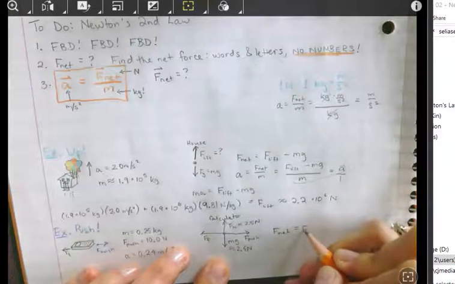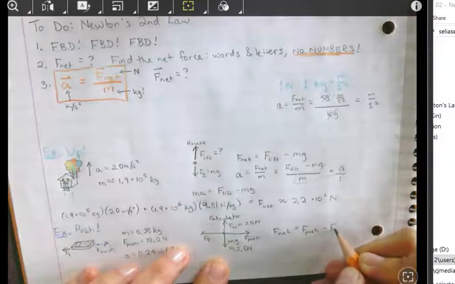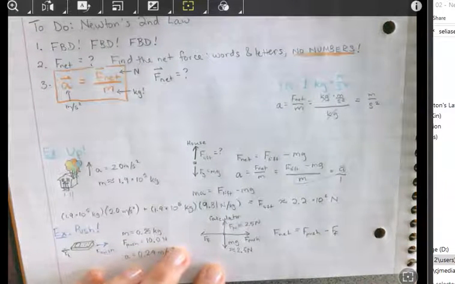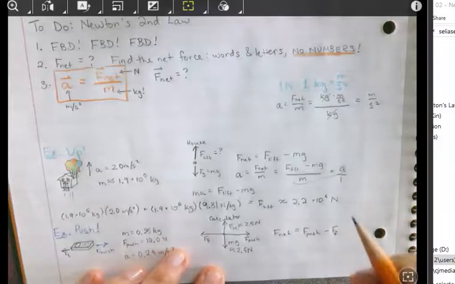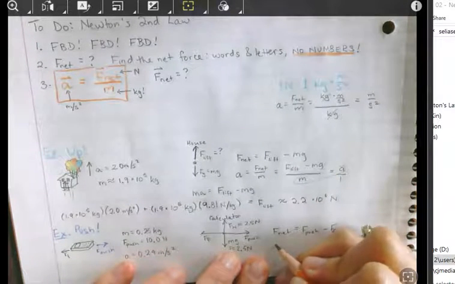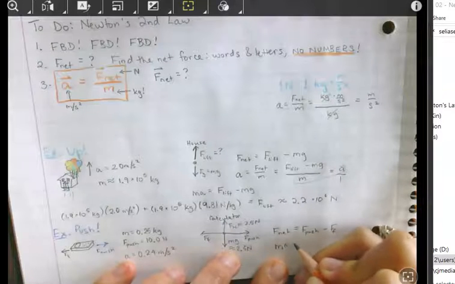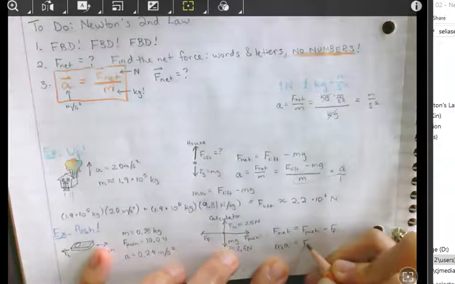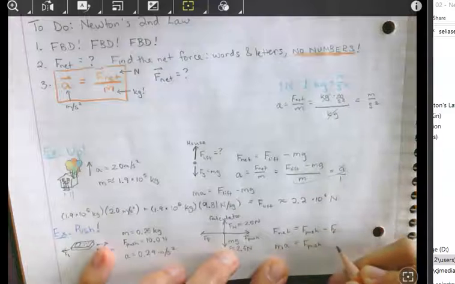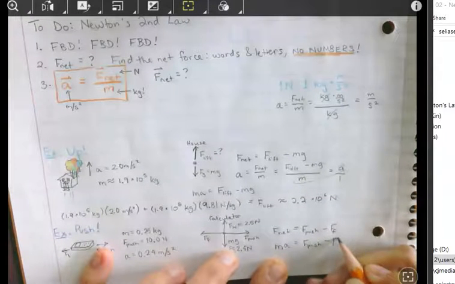But in the horizontal direction, we have F push going one way, and the force of friction going the other way. Now, I notice that m times a equals the net force. If it looks reasonable to take that shortcut, you can express Newton's second law this way.